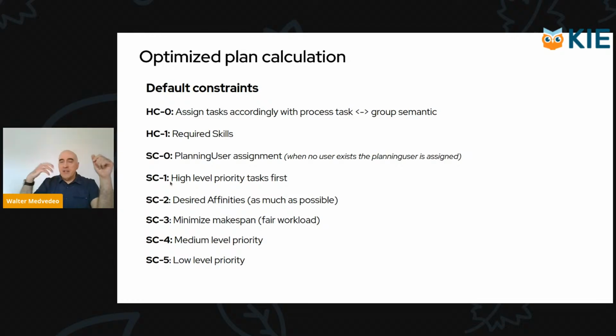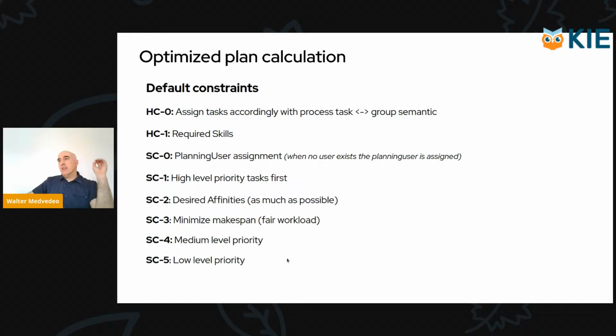So when OptaPlanner is doing the calculations, we will try to assign higher priority tasks first. Then, when possible, we try to minimize the makespan. And the same for medium and lower priority tasks, right?